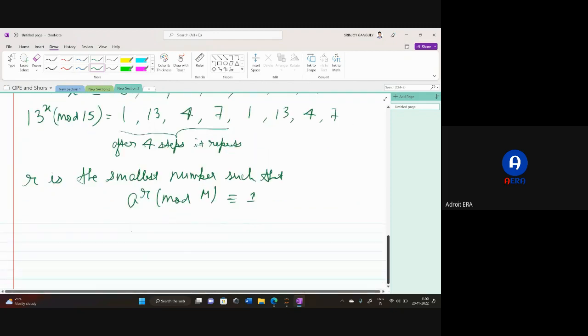So r will be equal to 4, and therefore r is equal to 4.